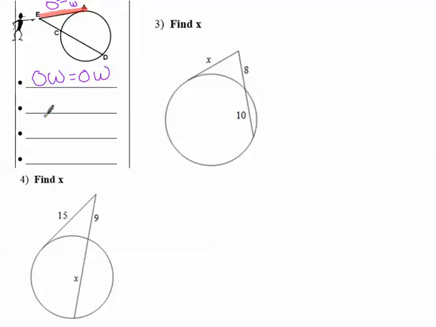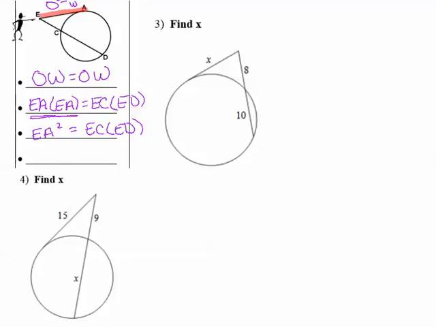So in this case, it would be outside of EA times the entire thing of EA equals, the other one which I didn't highlight would be outside is EC and the whole thing is ED. So when something's multiplied by itself, we can square it. So it just happens to be a special case when we have a tangent.